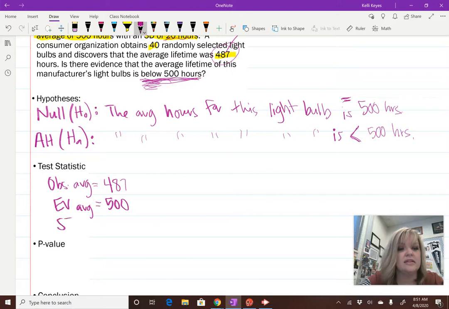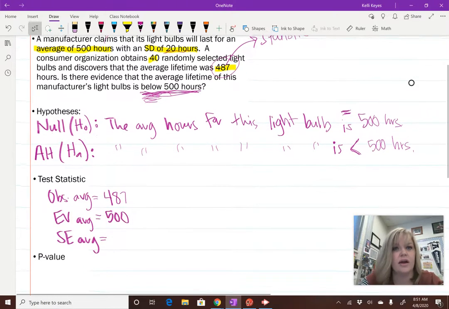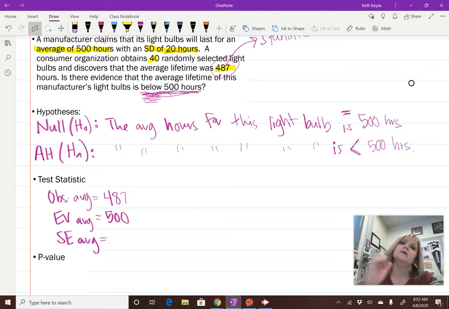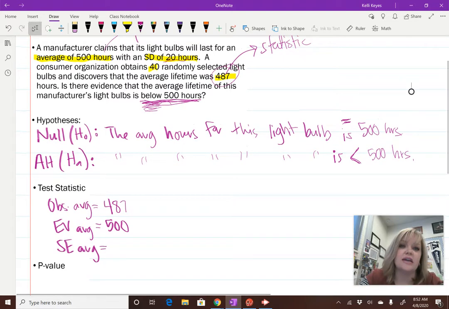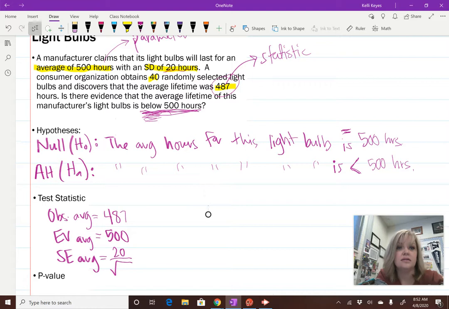And then the SE average. The nice thing about average problems is they already tell you the SD, so you don't have to do the SD shortcut. We just take that SD of 20 and divide it by the square root of our sample size, because the SD of 20 is for one light bulb.